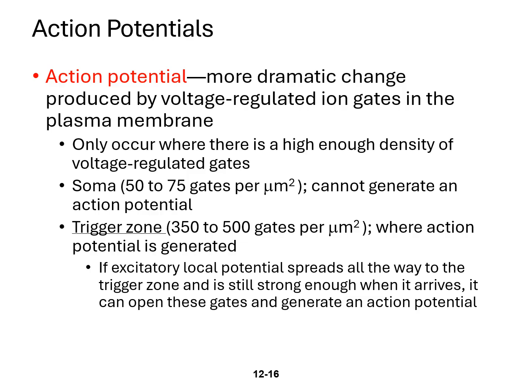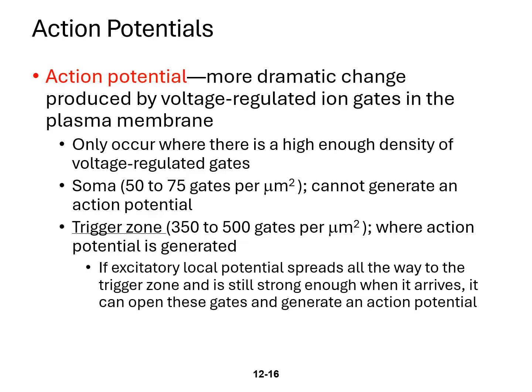So these specialized gates are going to be here in the axon hillock. So when all of that ion change gets to that area, it's going to open another type of channel.